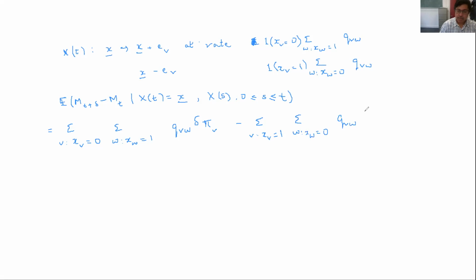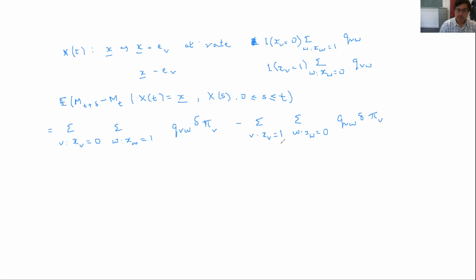And for a particular vertex V in state 1, and then I add up over all such vertices, and whenever one of them flips to state 0, okay, and this was the rate, so the probability is, I need to multiply this by delta, and the value of the martingale decreases by pi V whenever V flips from state 1 to state 0.